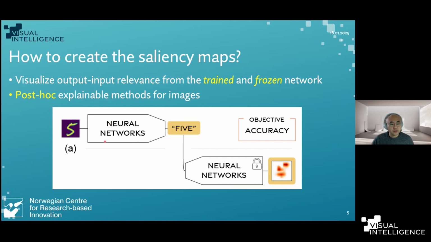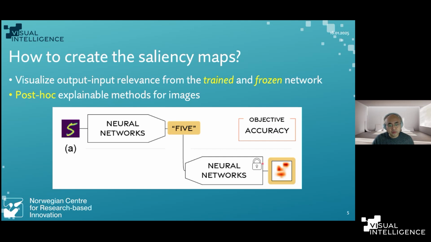So we have a neural network, and we are going to train the neural network, for example on MNIST data, with a number 5 image, to get a prediction, 5. And we want the model to learn to achieve good accuracy. So we include some accuracy-related loss terms, cross entropy for example, in this objective function.